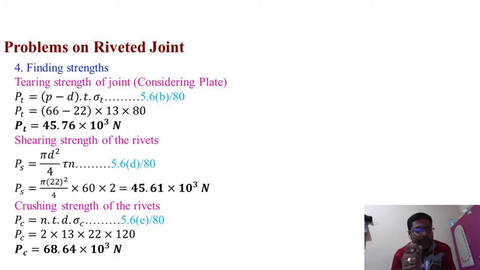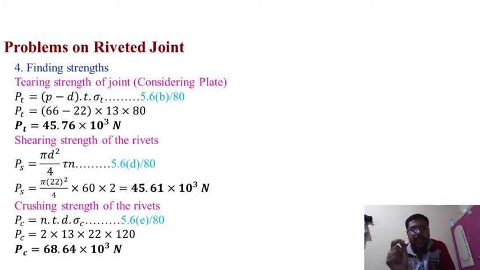We go to the next, the crushing strength of the rivet. So all the values we will find here: PT, PS and PC, meaning tearing strength, shearing strength and crushing strength. Crushing strength of the rivets: the formula is PC is equal to N into T into D into sigma C, equation number 5.6, page number 80, from the data handbook.